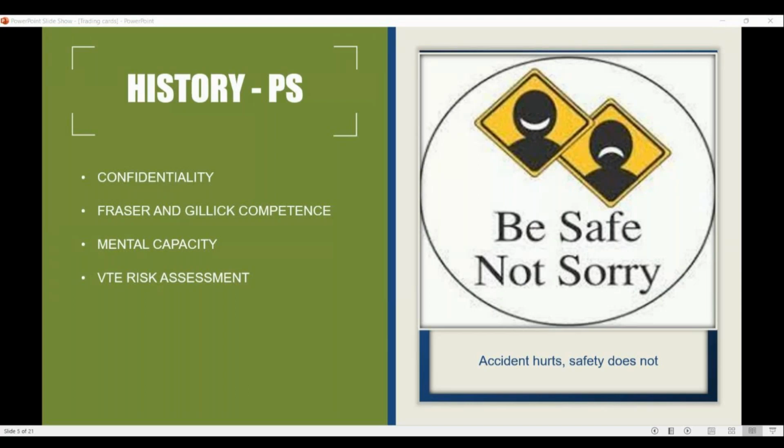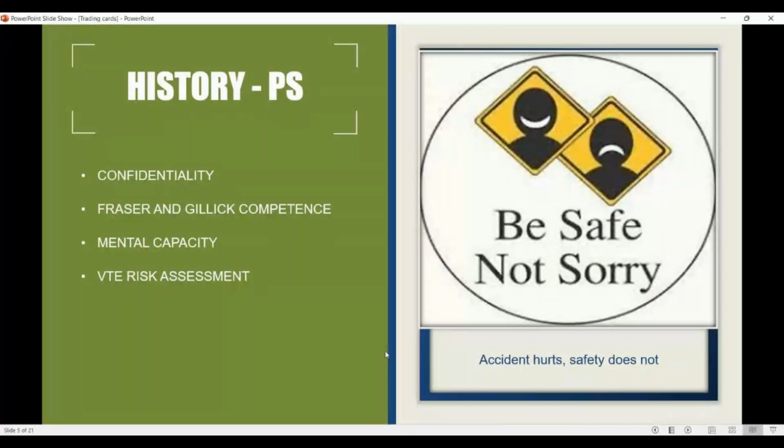According to that, we may offer you blood thinners, or we may offer you stockings, or we will encourage you to be as mobile as possible. So these are the lines you have to speak in the VTE risk assessment. That's a very very important patient safety point.